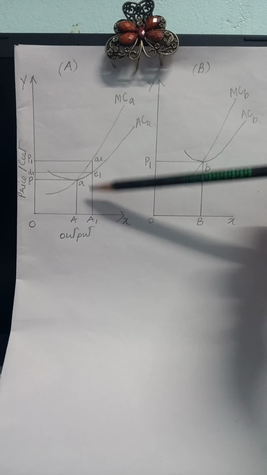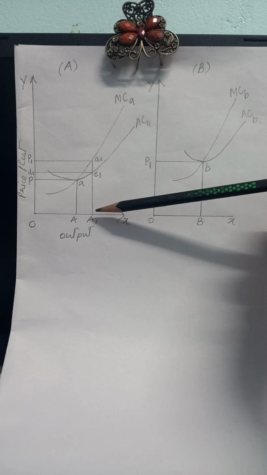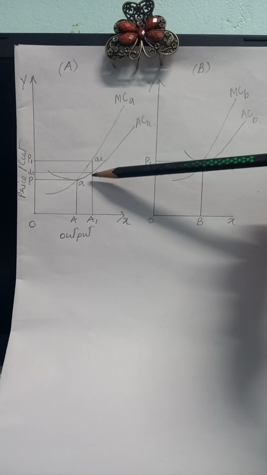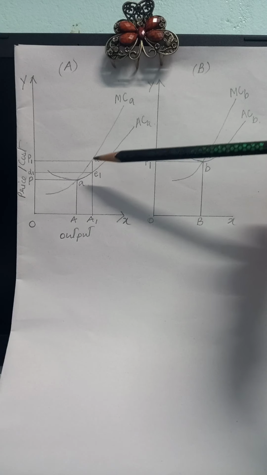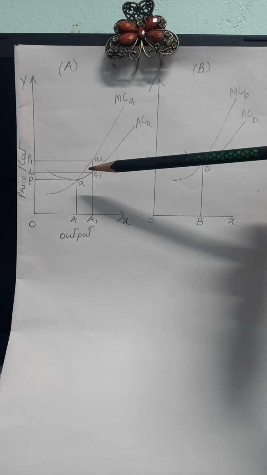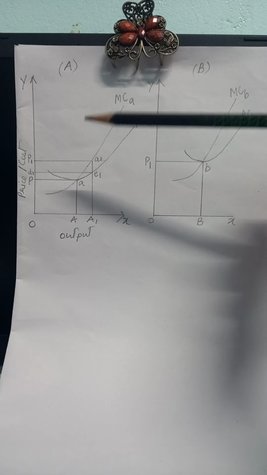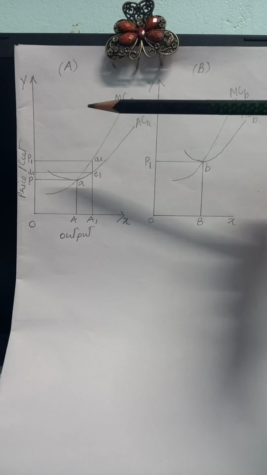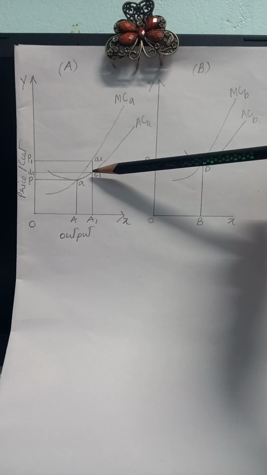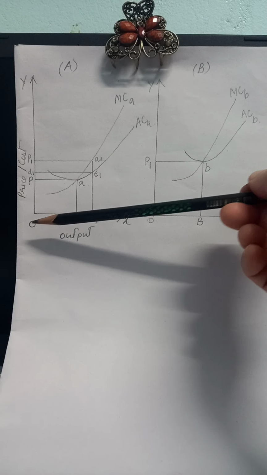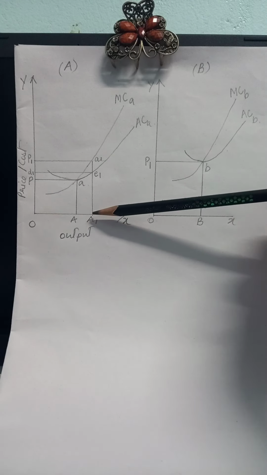The price is A1 whereas the average cost is A1E1, which means plot A earns a rent of A1E1 per unit. If we multiply this A1E1 per unit with the output, that is OA1 or D1E1, we get the total area, that is A1E1D1P1.